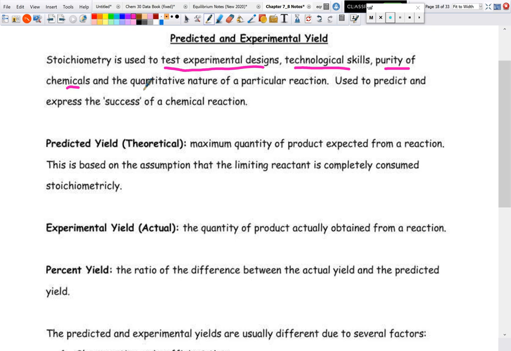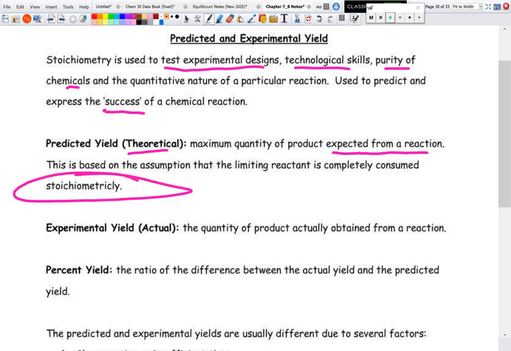And then, of course, we are going to be looking at our percent yield. It's just like percent difference, where it's just a number to express the success of a chemical reaction. So just remember, when we're talking about our predicted yield or our theoretical yield, this is the maximum quantity of product expected from a reaction and is completed using our stoichiometry.